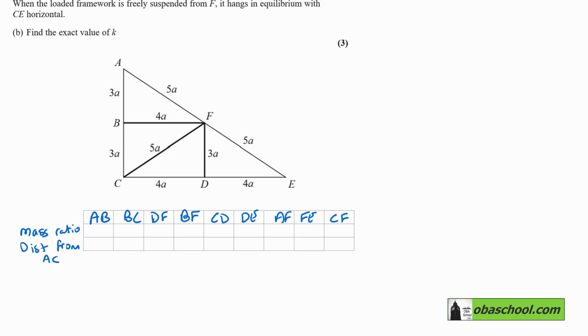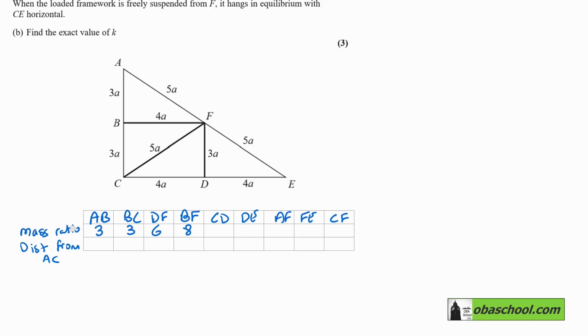So AB is of length 3, so the mass ratio is 3. BC is also 3. DF is one of our double density bars. So its length is 3, but the mass ratio will be 6. BF is another one of those, so the length is 4, double that for the mass ratio.